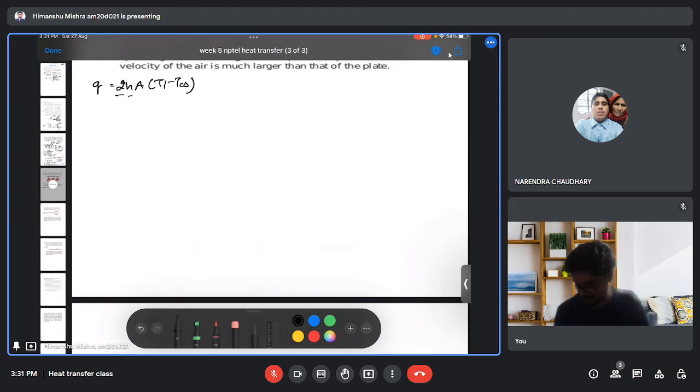So for this, let's check whether the flow is in laminar or turbulent condition, because according to that we will use the Nusselt number expression for the flat surface. So this will be my Reynolds number.